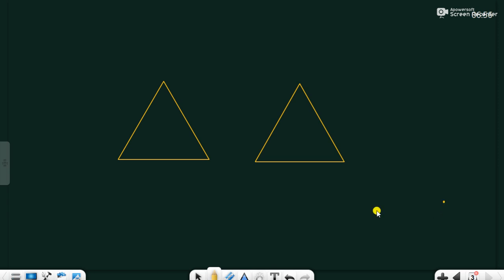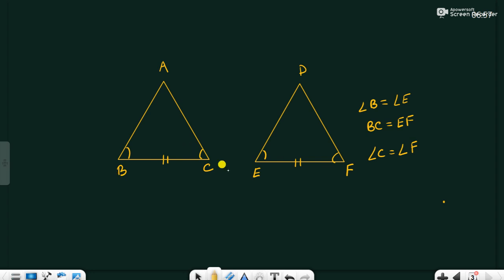Suppose this is A, B, C, and this is D, E, F. Suppose this angle is equal to this angle, that is angle B is equal to angle E, and this side BC is equal to EF, and angle C is equal to angle F. Then you can say that the two triangles are congruent by the rule angle side angle.